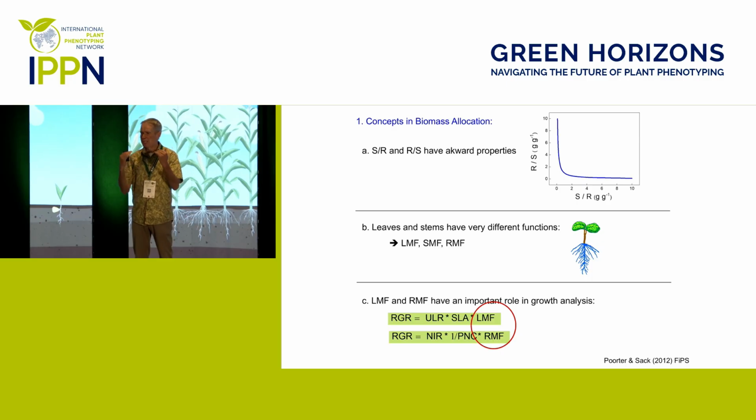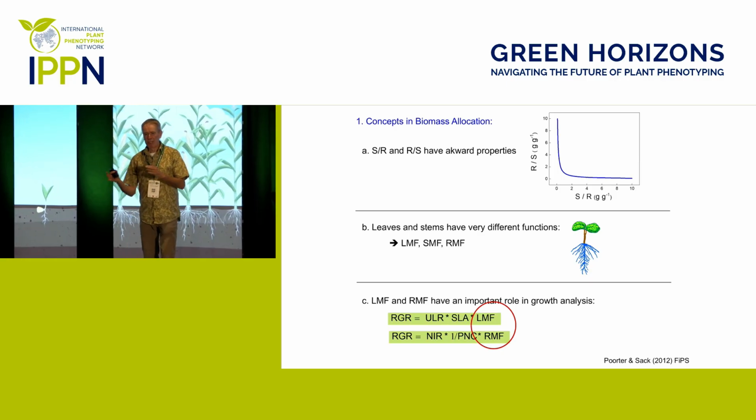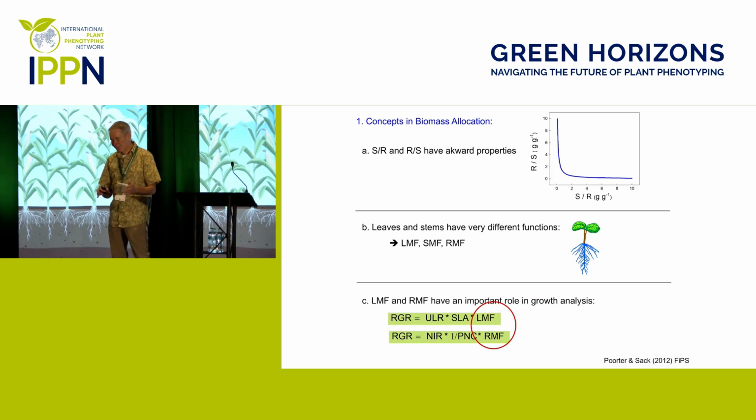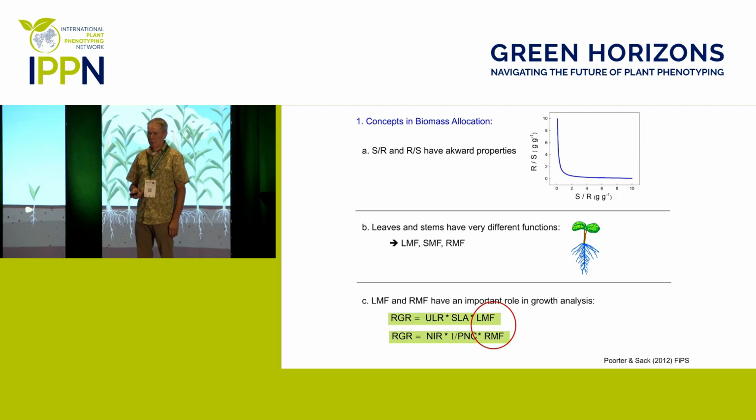So it's a little bit of a strange distribution, and then people try to compensate for that. If they have a shoot-to-root ratio which is below 1, they talk about the root-to-shoot ratio. And then you completely get lost when some people say the shoot-to-root ratio was increasing or the root-to-shoot ratio was decreasing. So I think it's not a good idea to use shoot and roots.